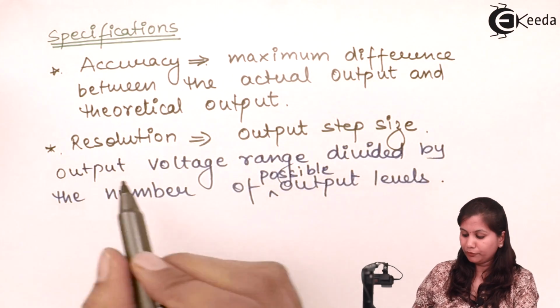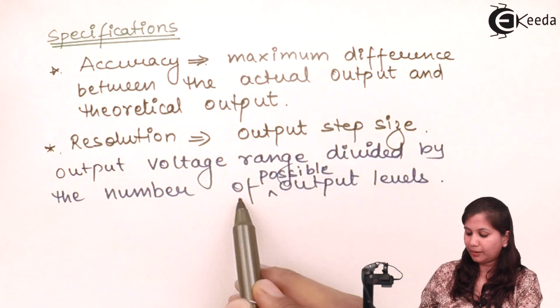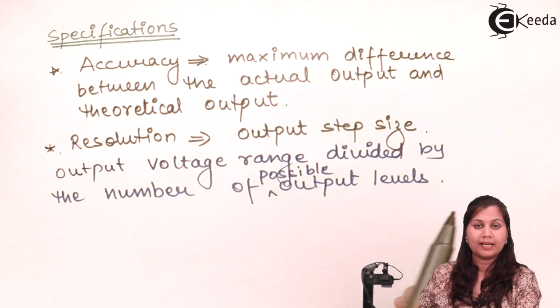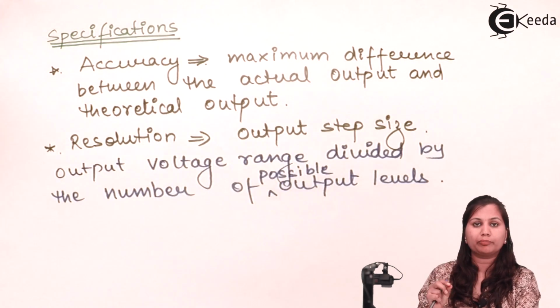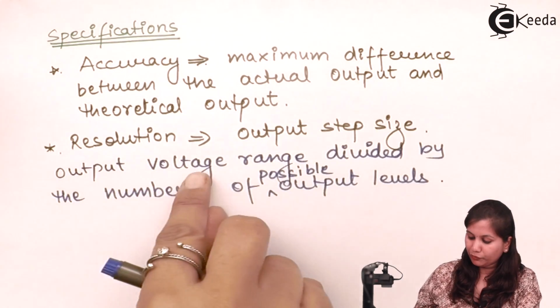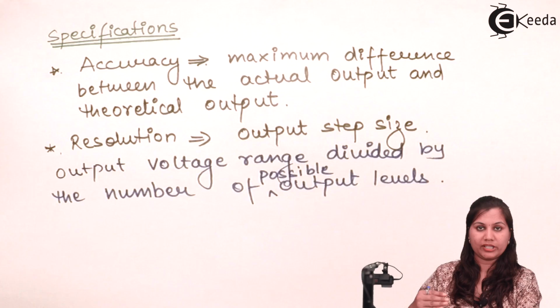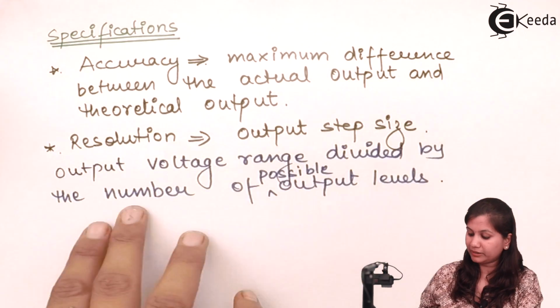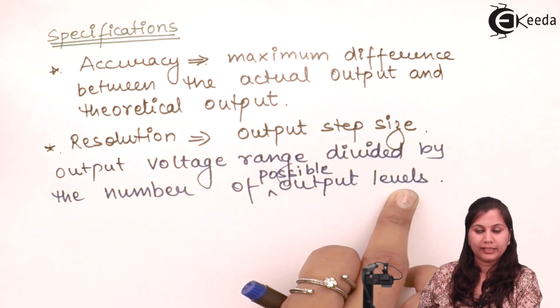It is the output voltage range divided by the number of possible output levels. It means the smallest amount of output that can be correctly measured by the converter. So the output voltage range, that is, the range of the output, divided by the number of possible output levels.